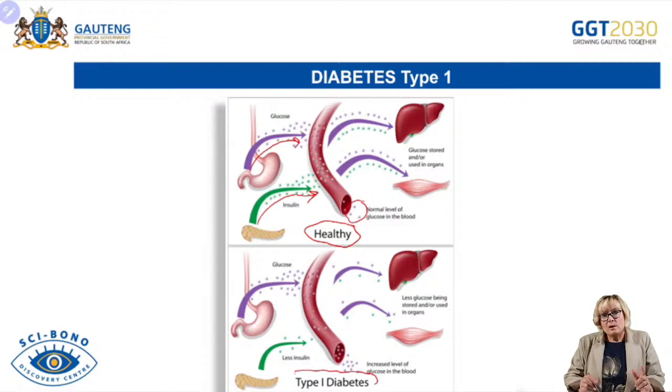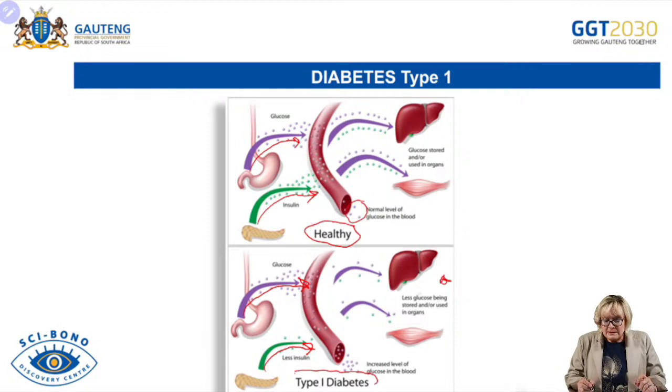Now, what happened in a type 1 diabetes person? Glucose still is being put into the bloodstream, but less insulin is secreted. If you compare the green arrow on top with the green arrow at the bottom, you can clearly see that the amount of insulin secreted is far less in a person that has type 1 diabetes. Now, if we look at what is happening here in the cells, less glucose is being stored and or used in the organs.